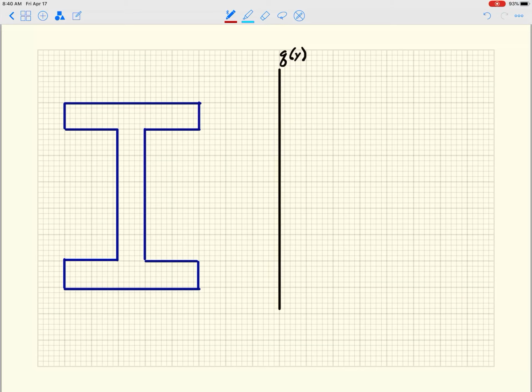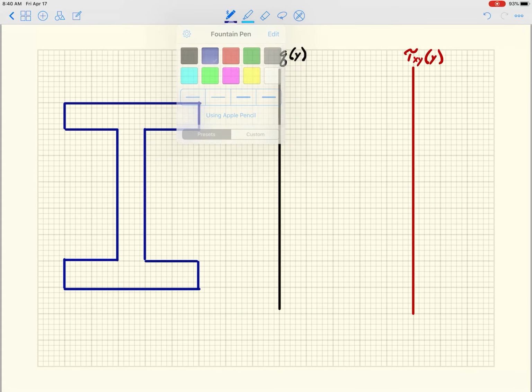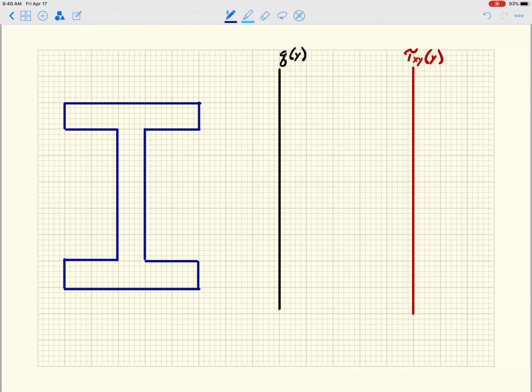And then in red, I will plot the shear stress, and this guy is going to be tau xy as a function of y. And then I just want to make sure that we know exactly where each feature in the cross section comes across those lines.